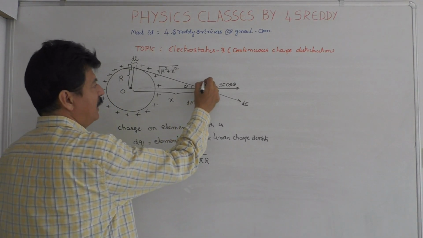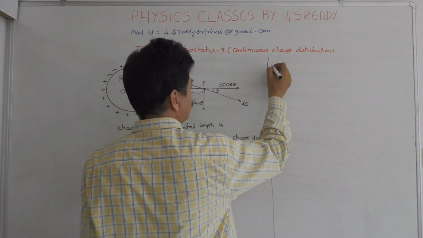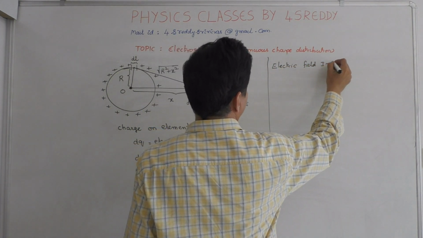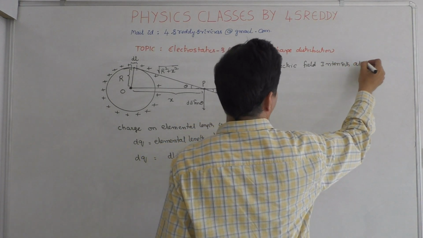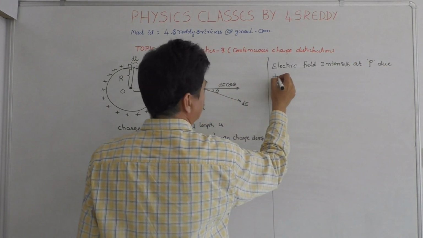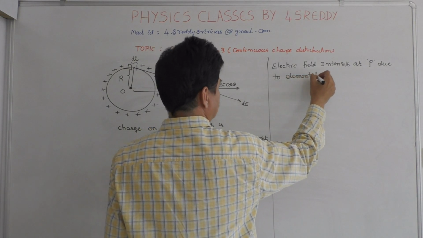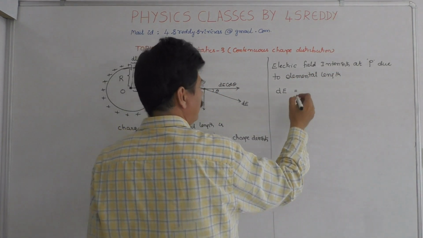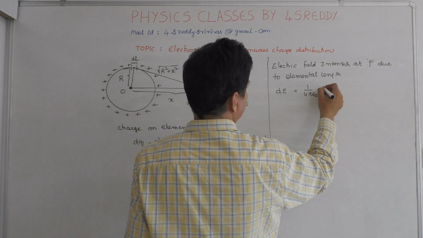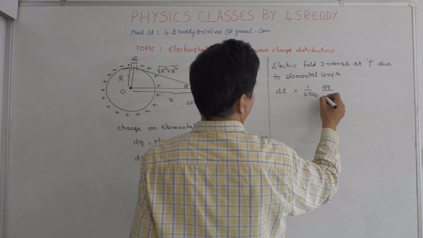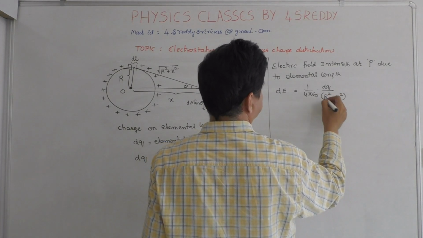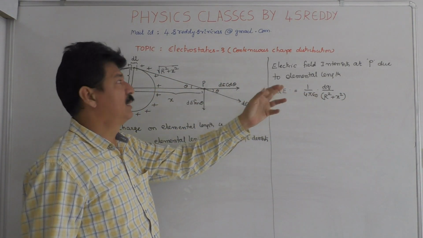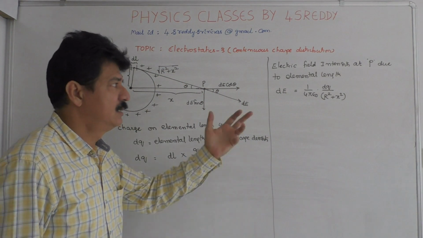Therefore, the electric field intensity at P due to the elemental length is dE equals 1 by 4 pi epsilon naught into dq by r square plus x square, because according to Coulomb's law it is 1 by 4 pi epsilon naught q by r square, where r square means the square of root of r square plus x square.